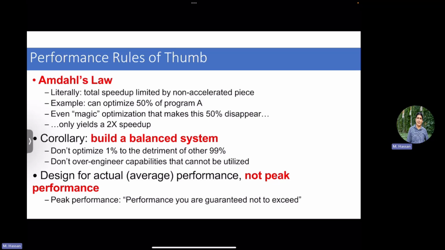So maybe I should write the equation to make sure you are with me. So I have 1 minus F plus F over S. Most of the time, improving F by S might in fact impact, in a bad way, the other part, 1 minus F. So it doesn't really remain the same. It might be multiplied by a factor S dash to make it worse, right? But we will ignore that part for now.